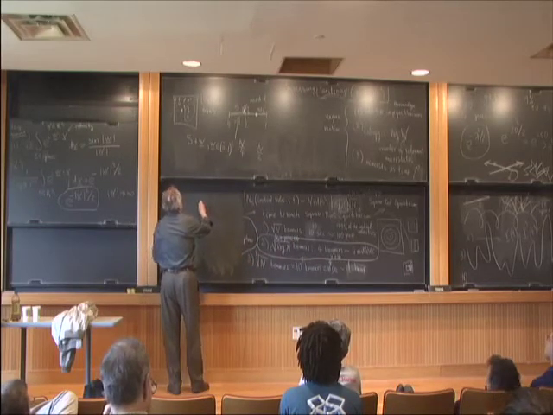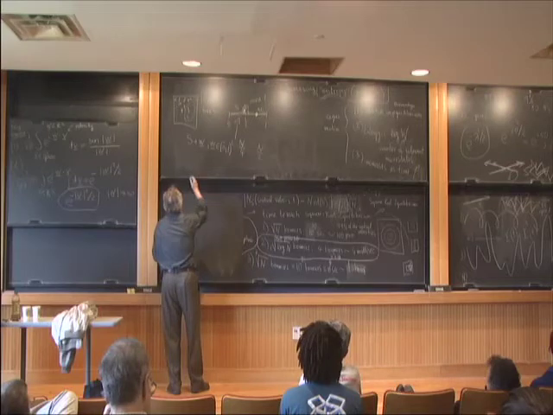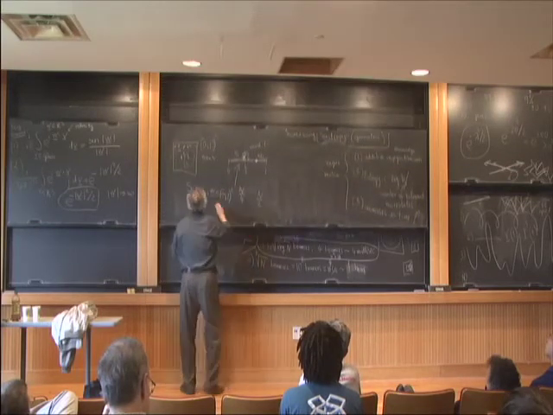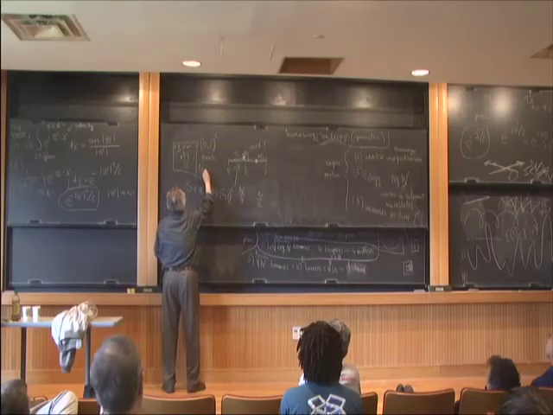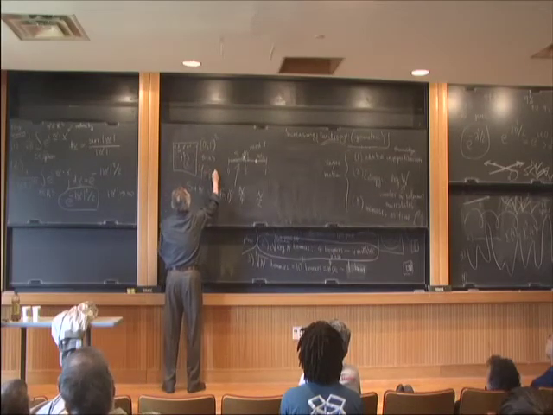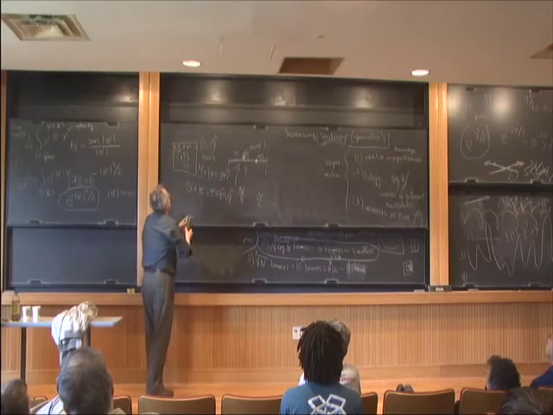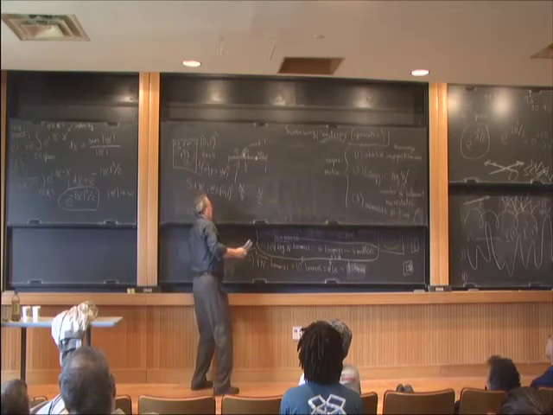So I take, okay, this is a point set. What is a point set? Y1, ..., Yn. These are given points.